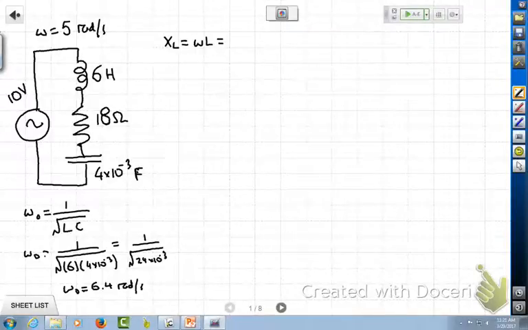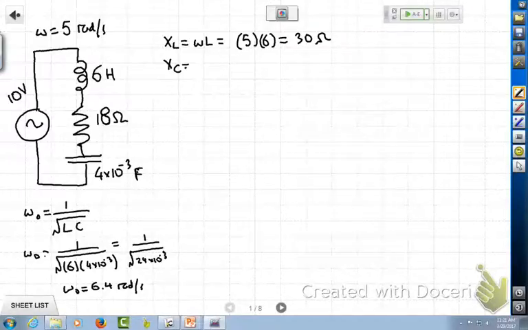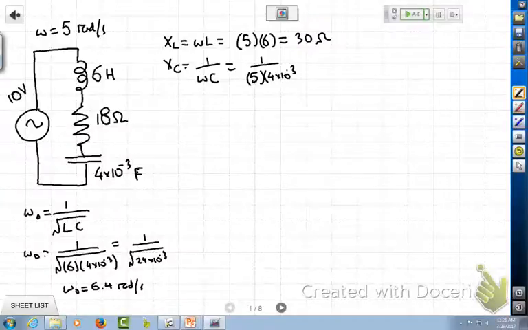So at 5 radians per second, XL will be 5 times 6, which equals 30 ohms. And my XC is equal to 1 over omega C, which equals 1 over 5 times 4 times 10 to the minus 3, which equals 1 over 0.02, which I think is 50.